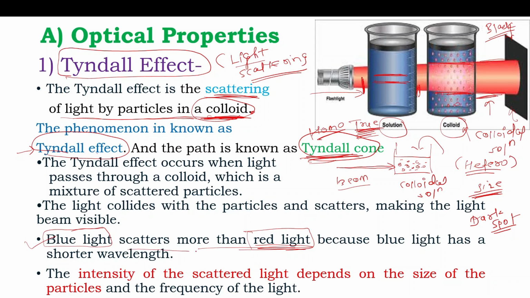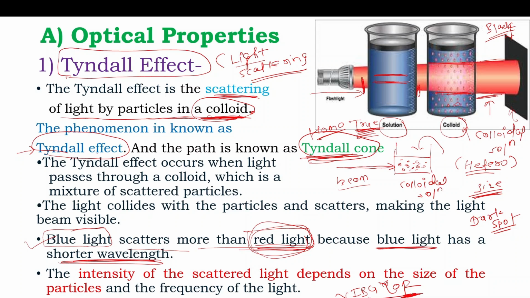Because blue light has the shorter wavelength and red light has the maximum wavelength. VIBGYOR, आपको मालूम होगा. इसमें intensity increase होती है, wavelength decrease होती है. Blue light third option है, and red last में है.